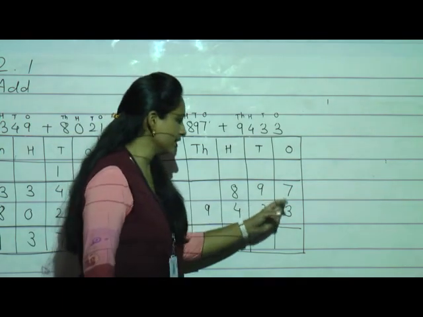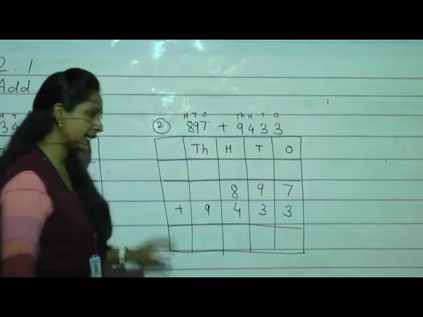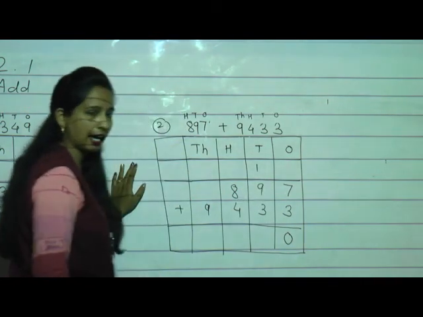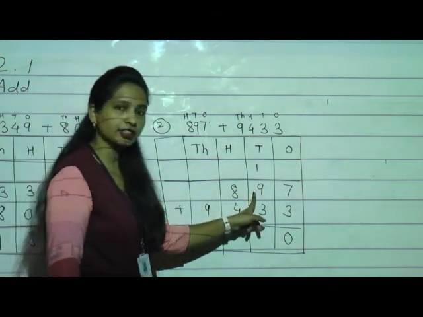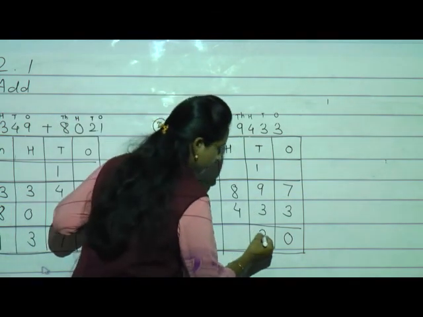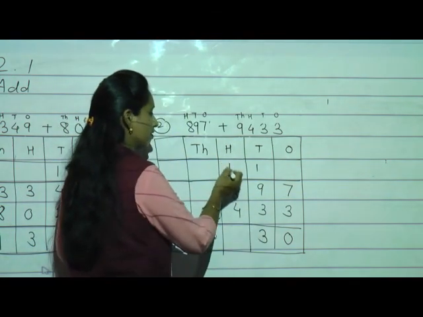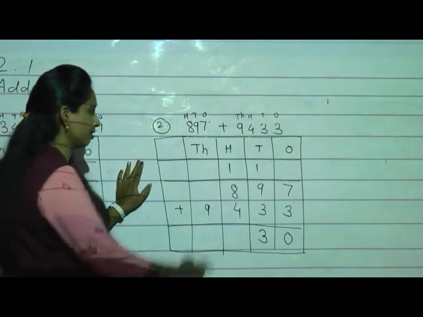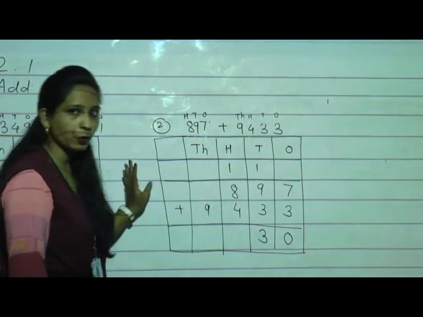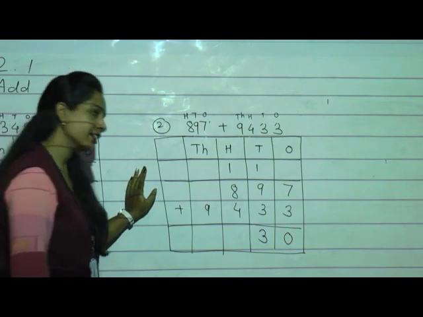Now we will add these numbers. Help me, students: 7 plus 3, 10. So 0 here, 1 will carry. Now 1 plus 9, 10. 10 plus 3, 13. So write 3 on tens place, 1 we will carry to hundreds place. Now 1 plus 8, 9. 9 plus 4, 13.